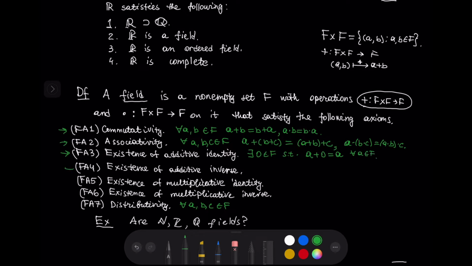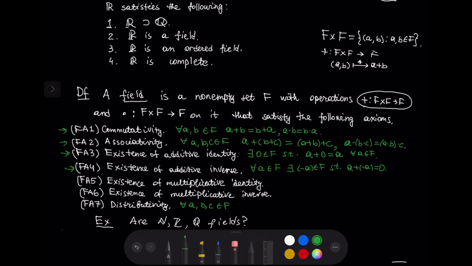The next axiom is the existence of additive inverse. For every A in F, there exists an additive inverse, which we denote by minus A, in F, such that A plus (minus A) is equal to 0. To be an additive inverse means that it's an element such that when you add it to A, you get 0.